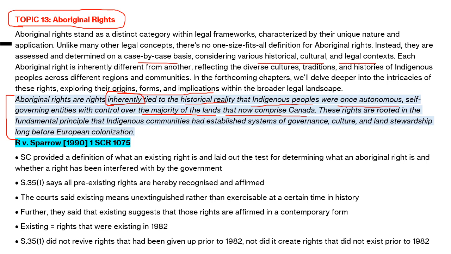Once these people were the real occupants of this whole Canadian land. So these rights are rooted in the fundamental principle that indigenous communities had established systems of governance. They had their own way of living, their own way of governance, their own way of stewardship long before European colonization.